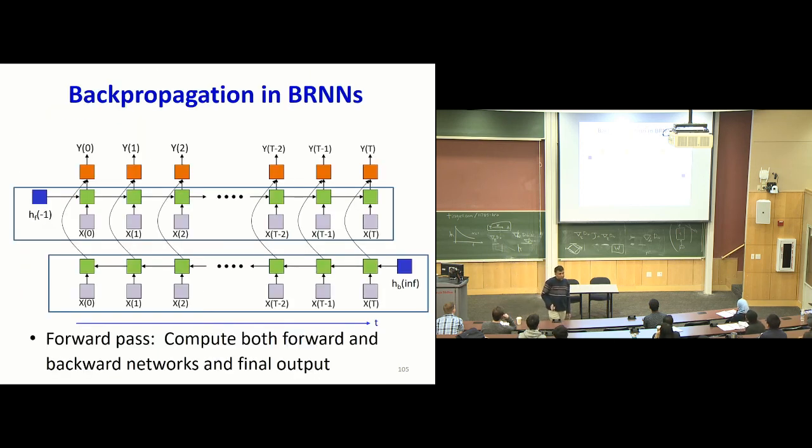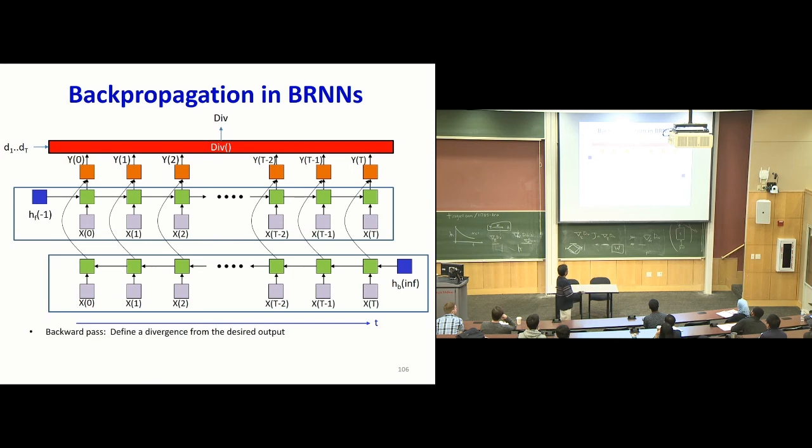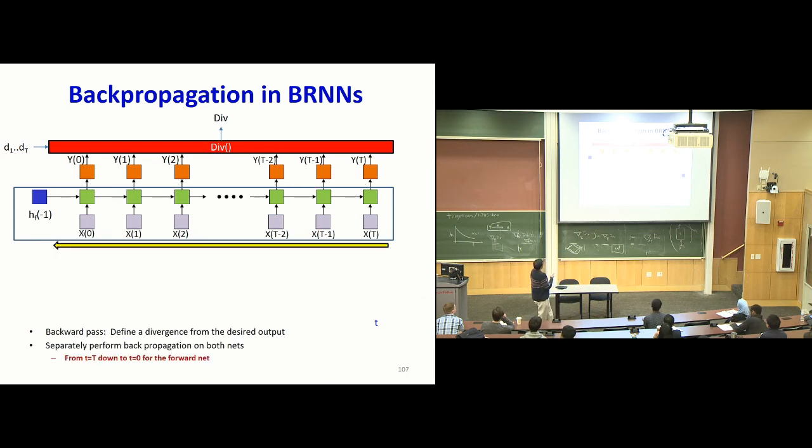And now, how about training? Here's your complete network, right? And you have to perform backpropagation through this. Now, this looks complex. It turns out it really is not. First step, of course, you need a divergence between the output sequence and the target sequence. And you're going to assume that from that divergence, you've actually managed to compute the derivatives with respect to all of the y's.